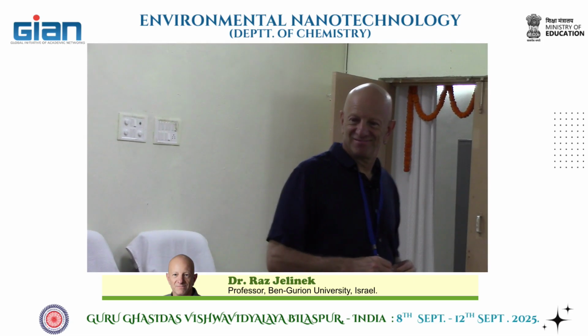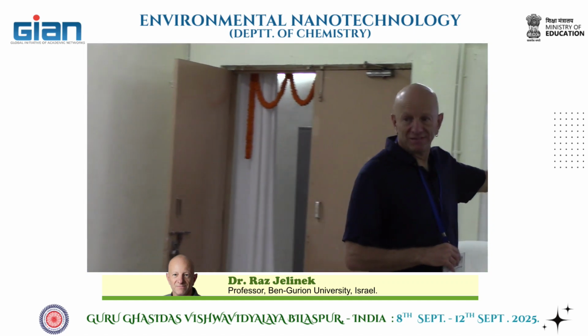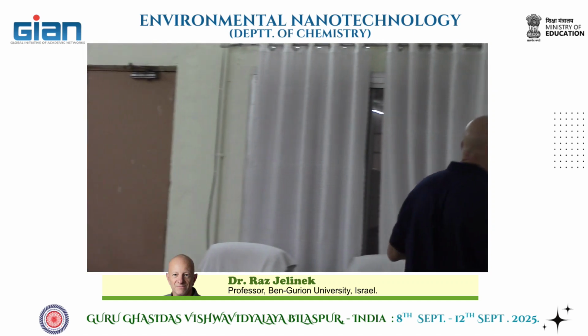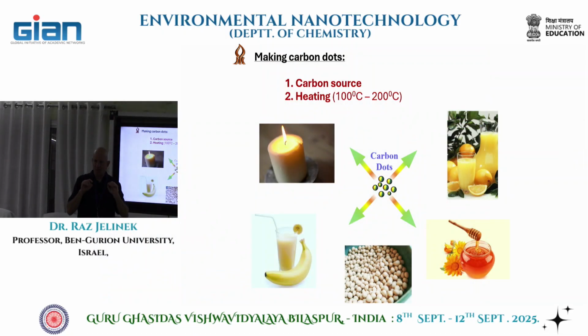What is the driving force there? What happens, the driving force is that when you give 100 to 200 degrees, you break bonds. You break and you break and you break until you reach a stage where you have small nanoparticles. Very small.